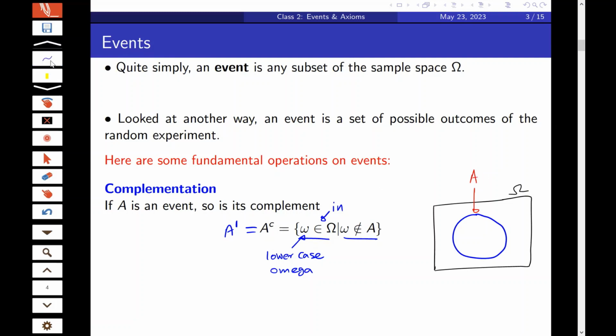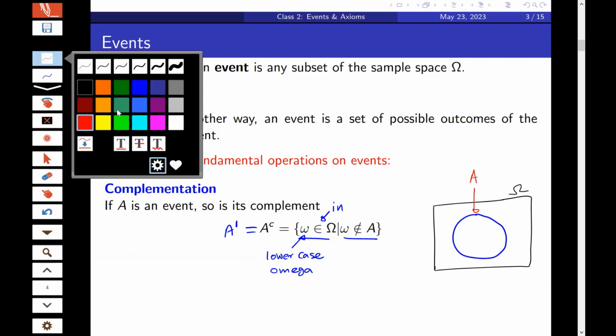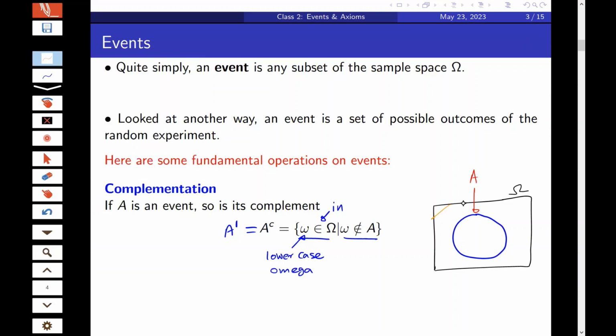If I color the outside of A, this gold or orange colored part belongs to A complement.